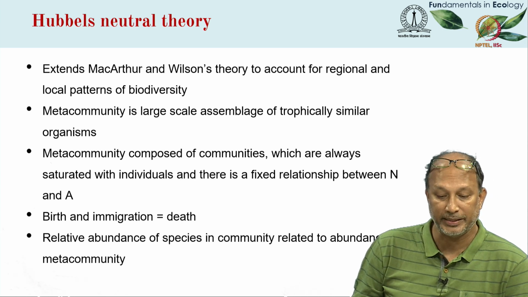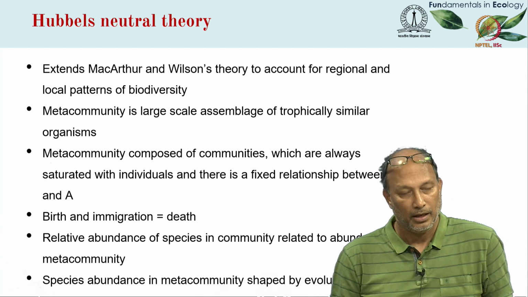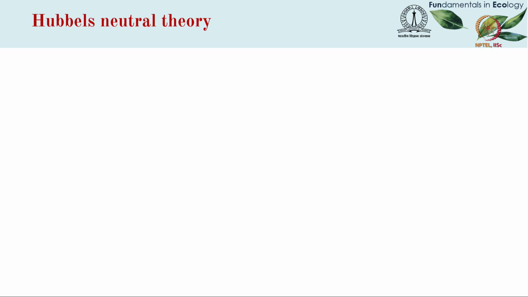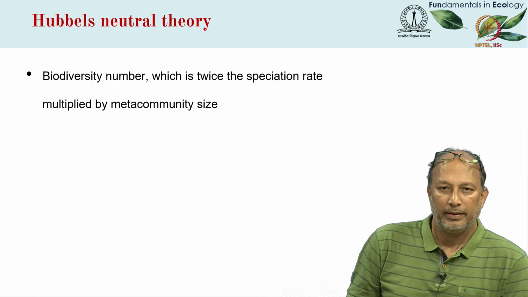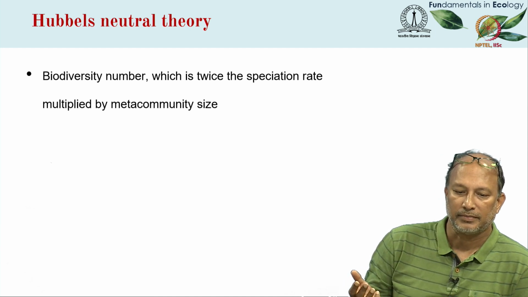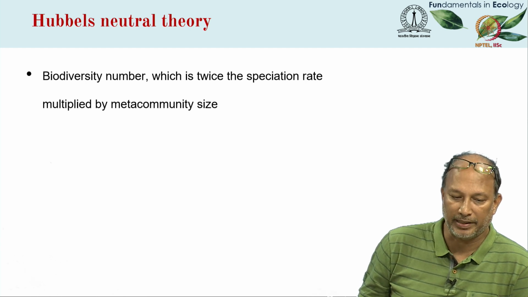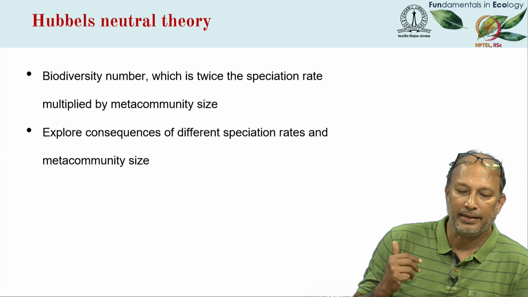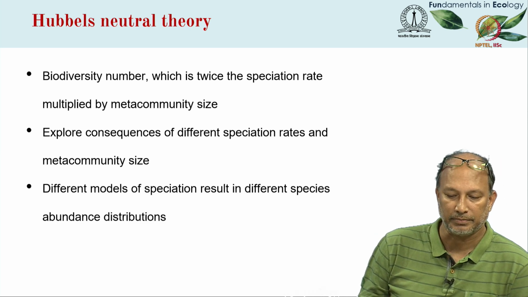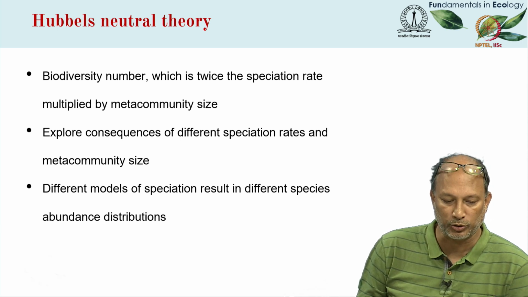The relative abundance of species in a community is related to its abundance in the meta-community. He also postulated that species abundance in a community can be shaped by evolution. He introduced the idea of a biodiversity number, which is twice the speciation rate in this community multiplied by meta-community size, and used this to explore consequences of different speciation rates and meta-community size, and found that different models of speciation result in different species abundance distributions.